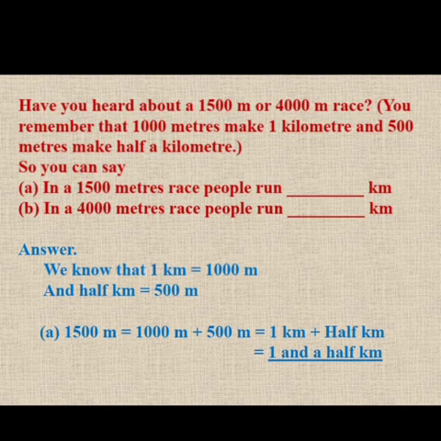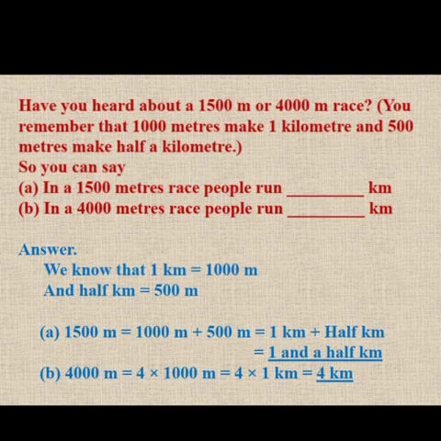The next part of the question was, in a 4000 meters race, people run dash kilometer. Let's have a look on the solution. As you all know that 4000 meter is equal to 4 multiplied by 1000 meter. We can write it because if you multiply them, you will get 4000.